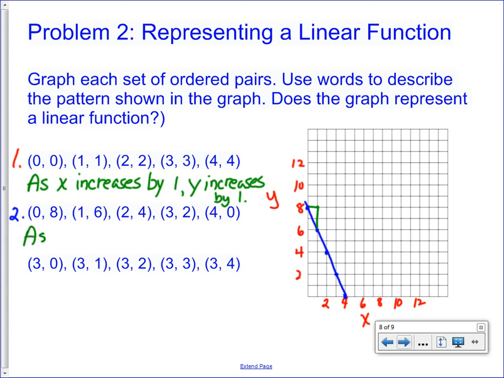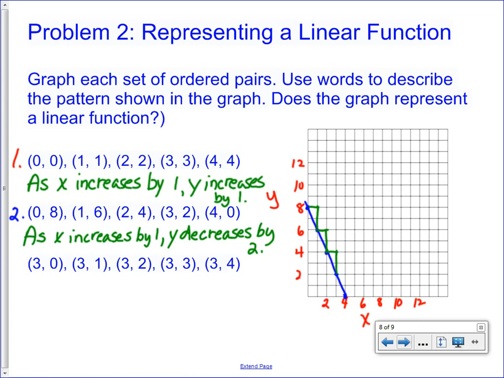So we're going to write that as x increases by 1, y decreases by 2. All right, and you'll notice that pattern continues. As x increases by 1, y decreases by 2.